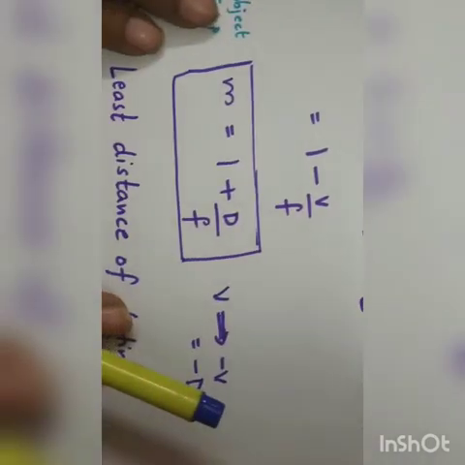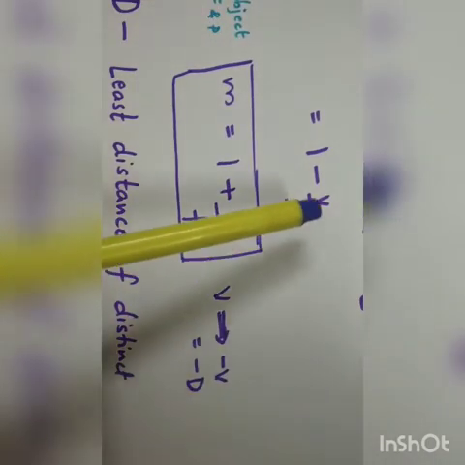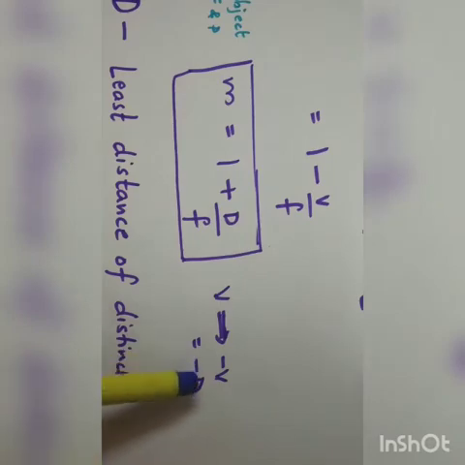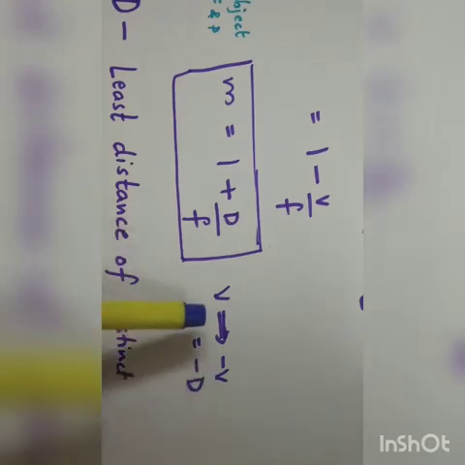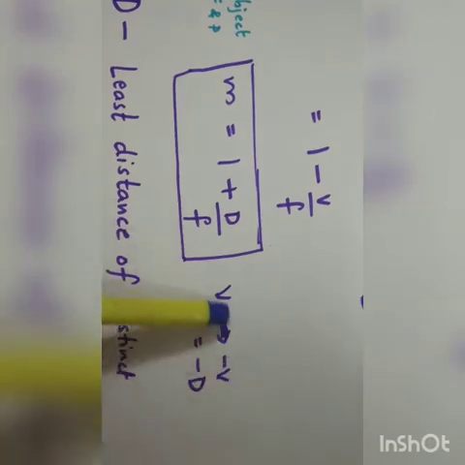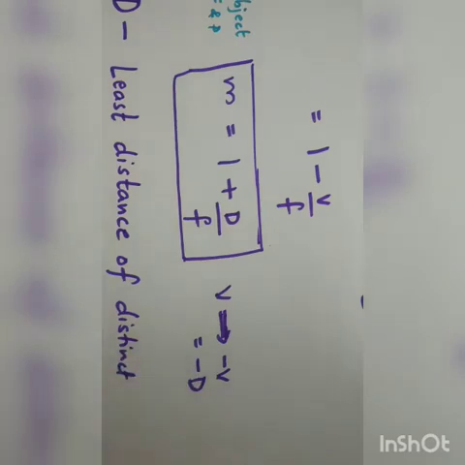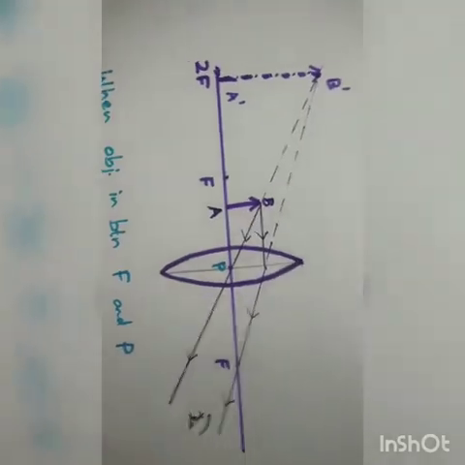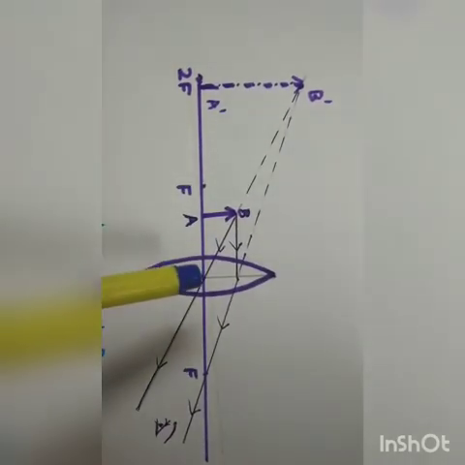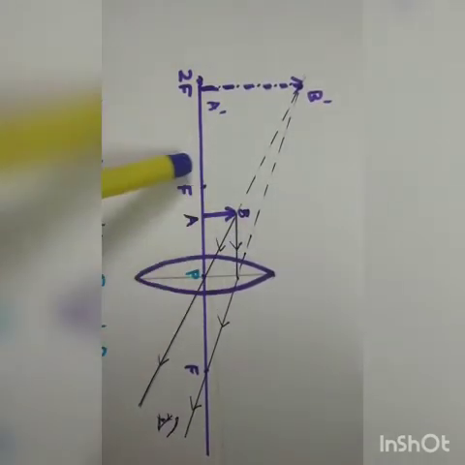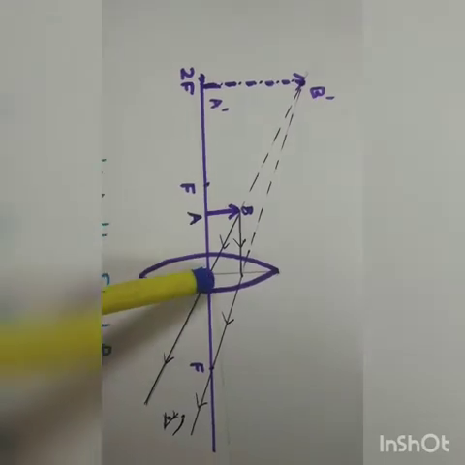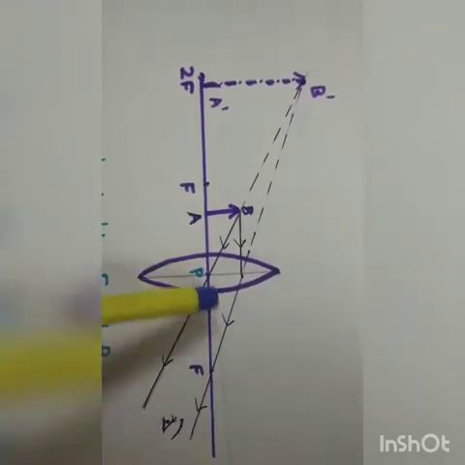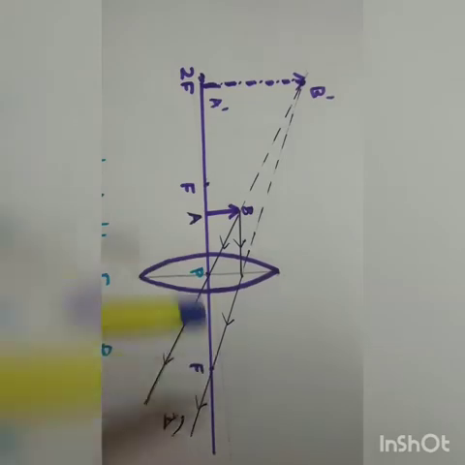Now here, instead of V, I am going to introduce a new term. And one more thing, we are going to use the sign convention. I hope you remember the sign convention. All the measurements to this side of the pole are taken as negative. All the measurements to this side, that is in the direction of light, are positive.